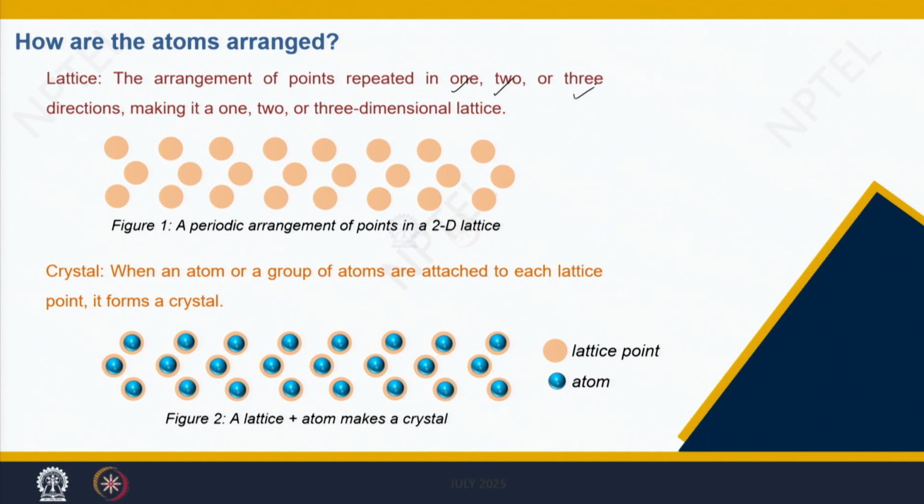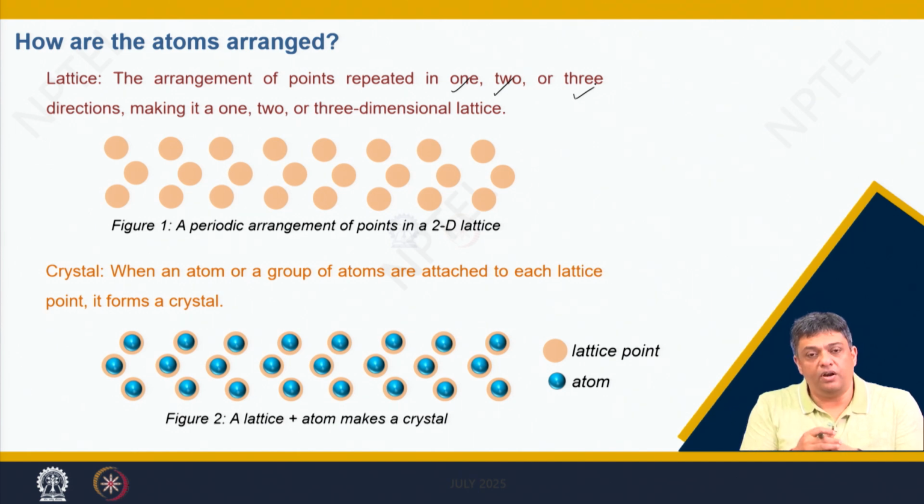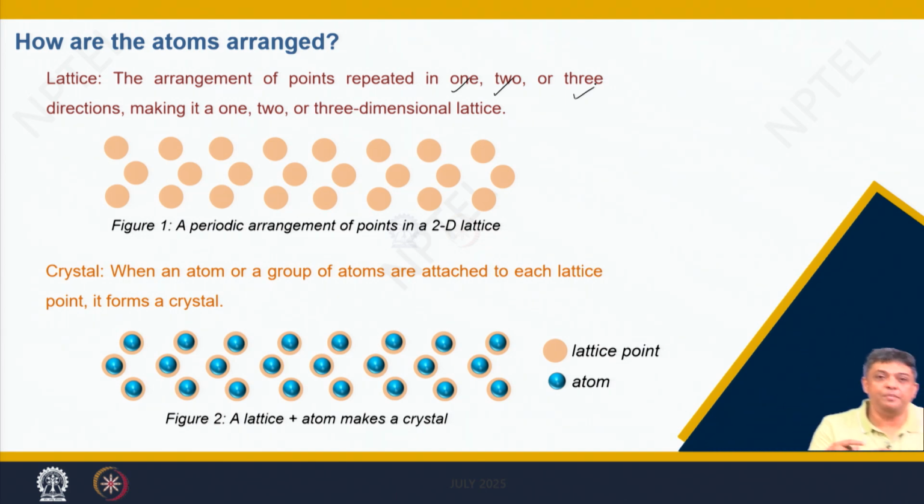That means, if you have atoms placed at one point after the other, then as you have a translation motion, each and every atom will find the same environment around it. And if you have a rotation around that atom, you will again find that the environment will remain the same. These two additional points are essential to define a crystal lattice.